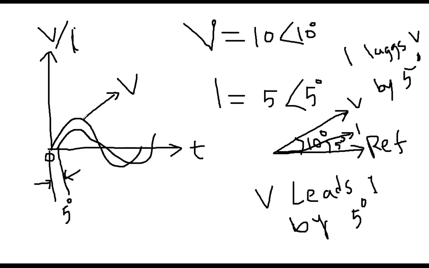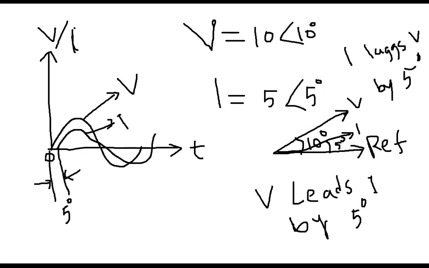So if I start V at the 0 position, then I started after 5 degree because of their phase difference, angle difference. So in that case, you can say that V is leading. This is the I curve. This means that V is leading I, or in other words, I is lagging V. Everybody, could you follow me? Yeah, I understand. Okay, great.